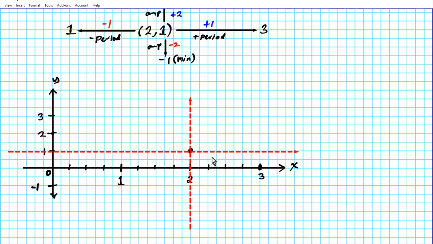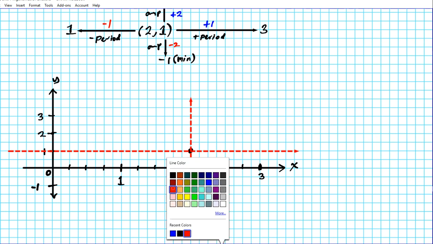Okay, so let's label them. Make sure it's nicely centered. Okay, that's good. All right, let's go ahead and label what we just sketched on the graph.